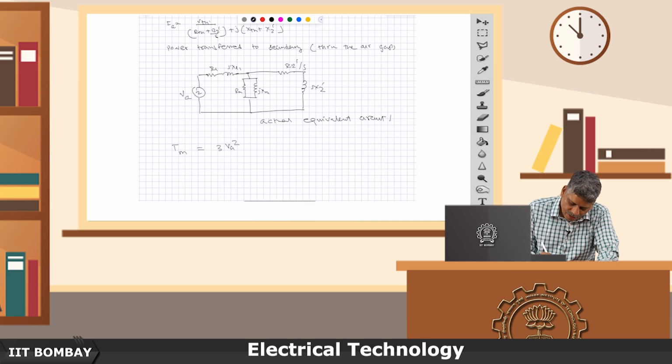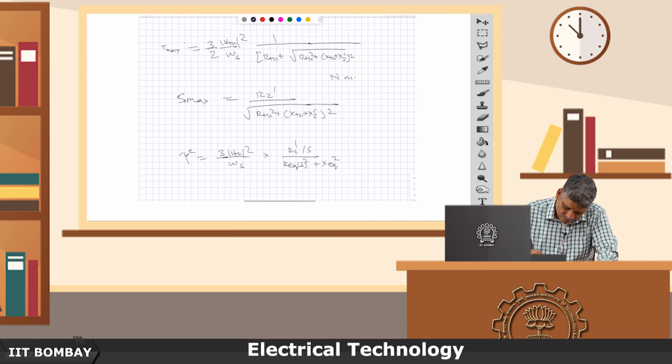3 V Thevenin square by omega s, times R2 dash by S divided by (R Thevenin plus R2 dash by S) whole square plus (X Thevenin plus the leakage reactance X2 dash) whole square.